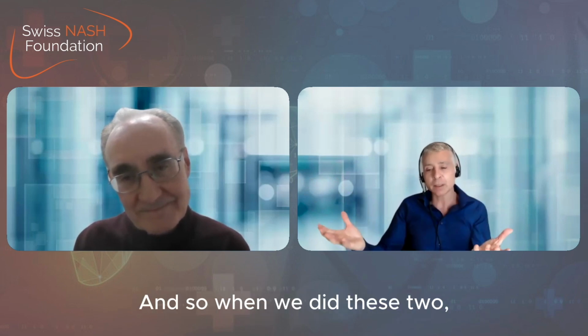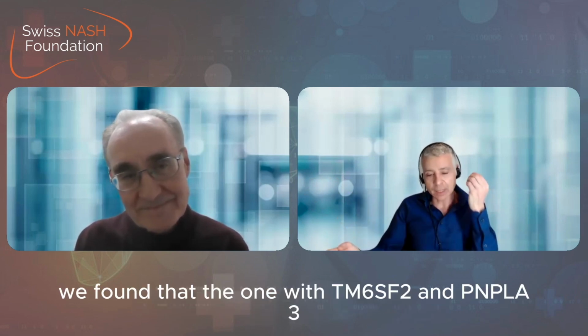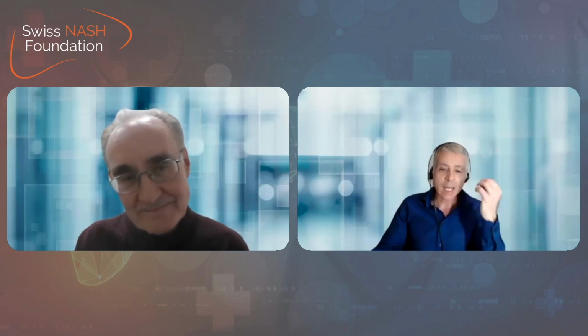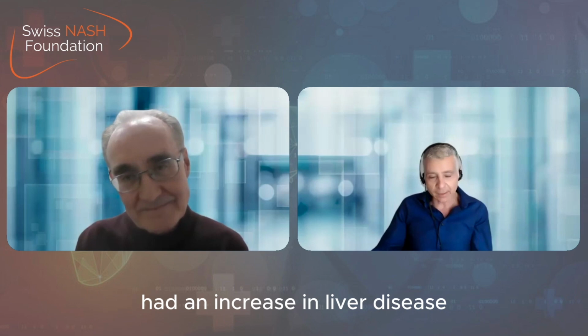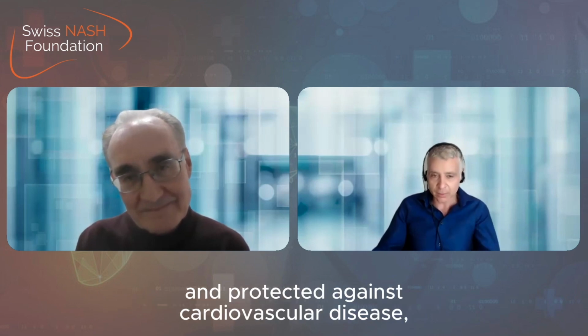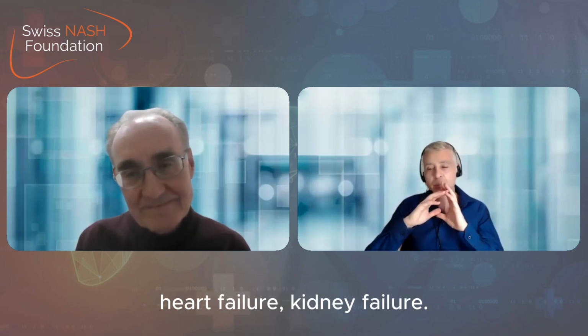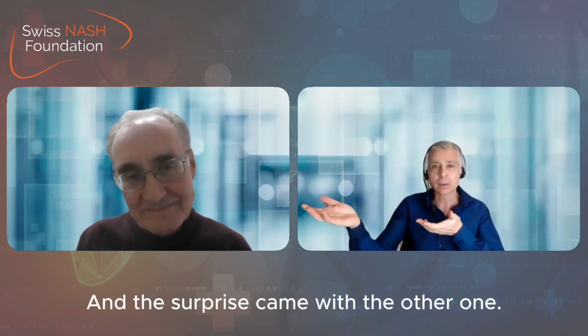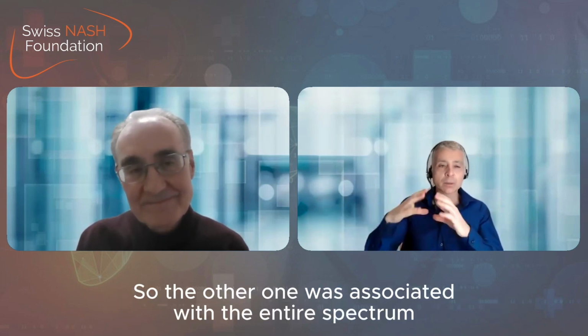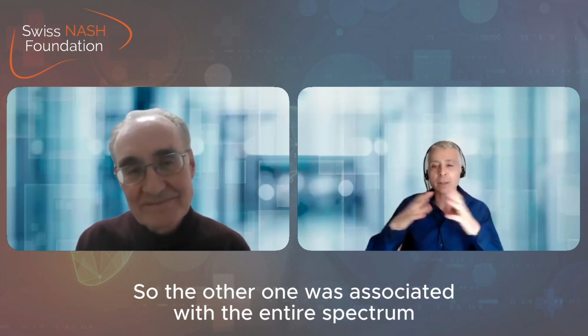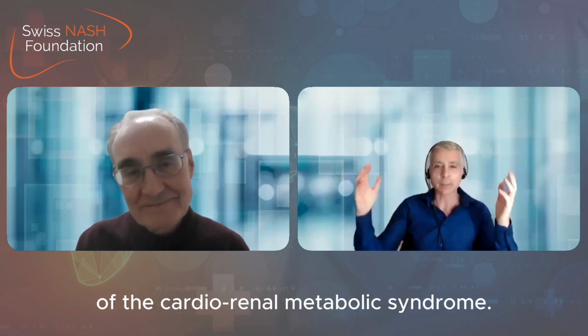And so when we did these two, we found that the one with TM6SF2 and PNPLA3 had an increase in liver disease and protected against cardiovascular disease, no association whatsoever with hypertension, heart failure, kidney failure. And the surprise came with the other one. The other one was associated with the entire spectrum of the cardiorenal metabolic syndrome.